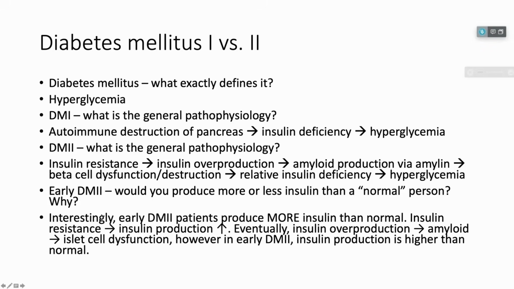It's interesting, because I never really thought of diabetes type 2 as actually making more insulin than normal, but that's what you see. Even in pre-diabetics, that's probably where insulin production is highest. Over time, because of that amyloid production, you get beta cell dysfunction, and that causes you to not be able to produce enough insulin.